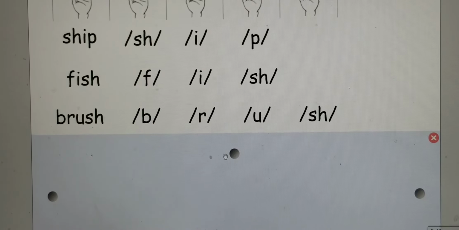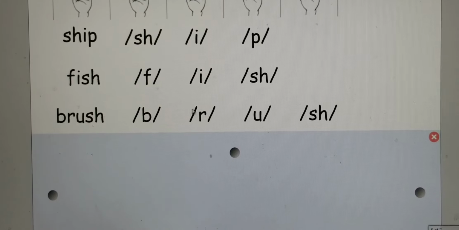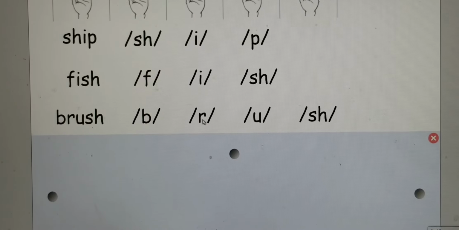Let's try this one. What letter is this? That's right. And what sound does it make? Yes. B, b, b. What letter is this? R. And what sound does it make? I can't hear you.